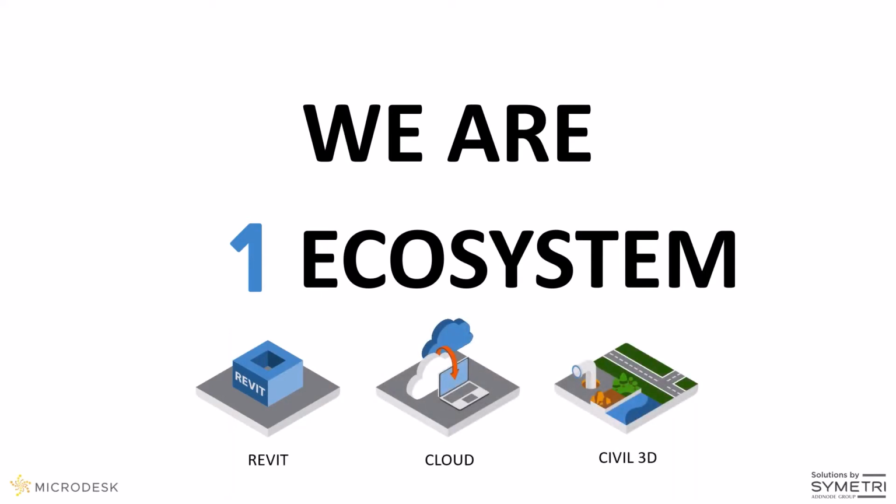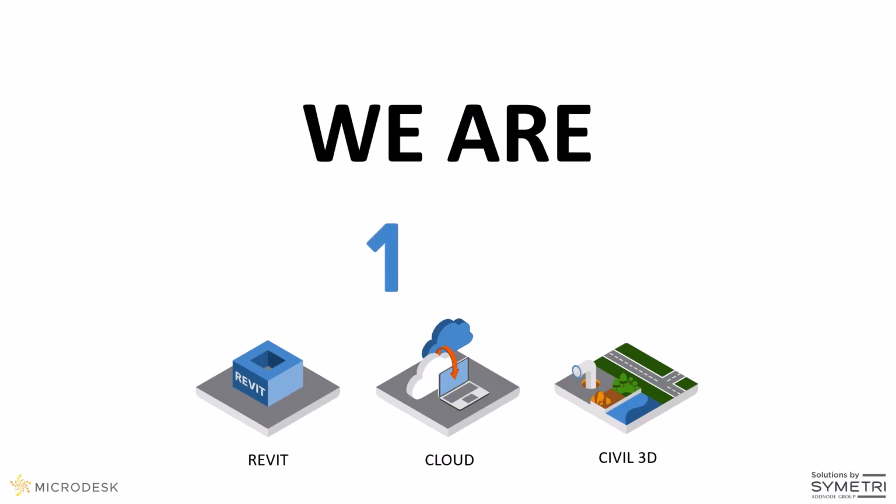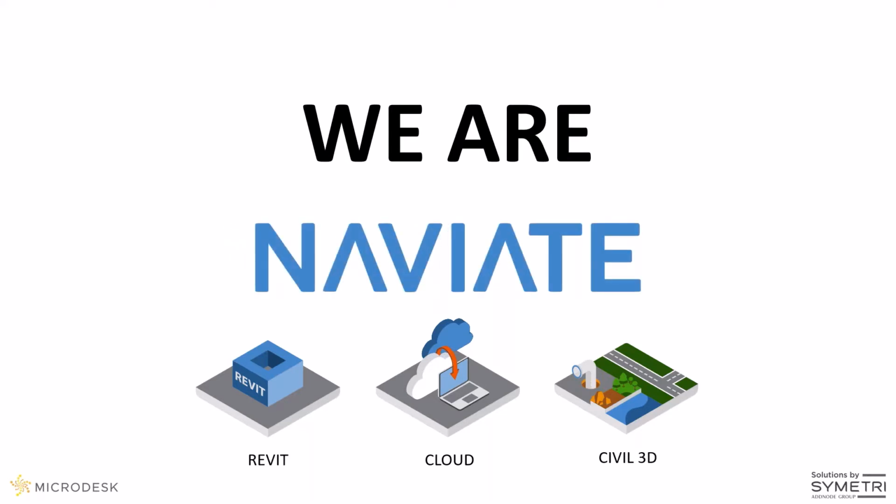We have products focused on Revit, BIM 360, and the Autodesk Construction Cloud, as well as Civil 3D. So we're really one entire Naviate portfolio. We have products for each of these things, but also so much more that I'm going to cover today.